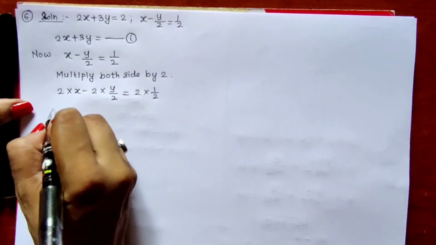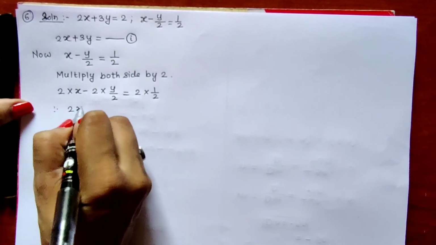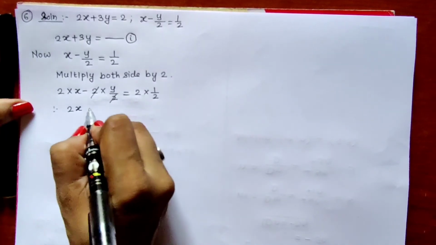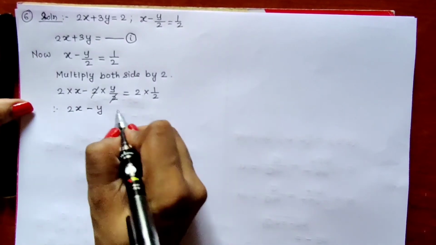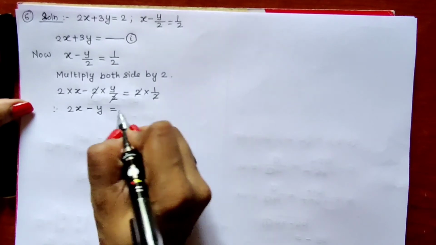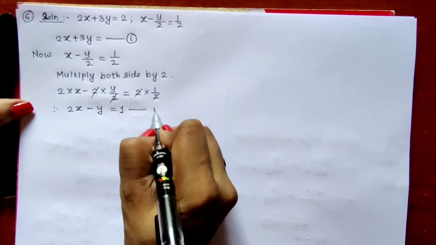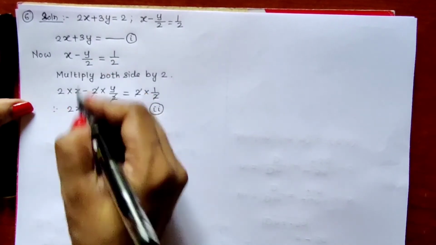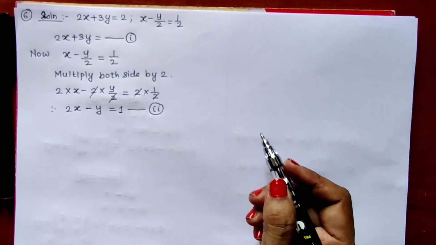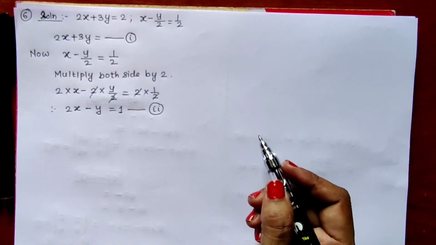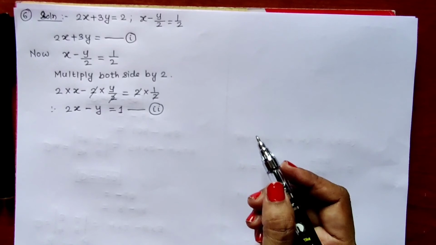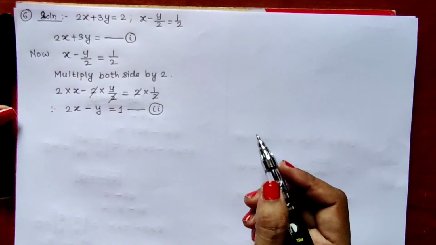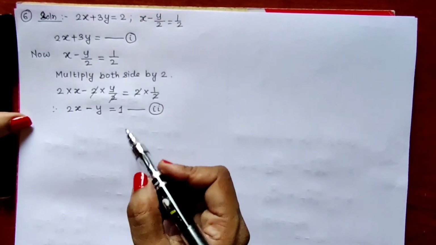So here we have got 2 into x is 2x, 2 cancel, only minus y, and again 2 cancel, we are getting 1. So the equation has become simple now. And while writing in the determinant, we will get the whole numbers or integers which are not in the fraction form. So it will become easy to multiply and solve the equations.